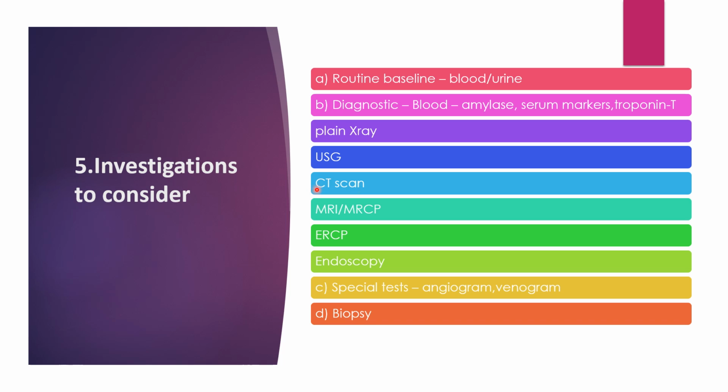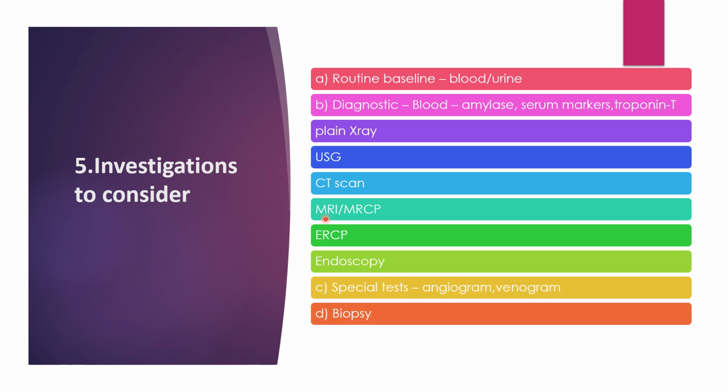Following that, you come to the CT scan, computed tomographic scan, which is more expensive, and this could be done only in special cases which are indicated after your clinical examination and after doing the basic investigations.